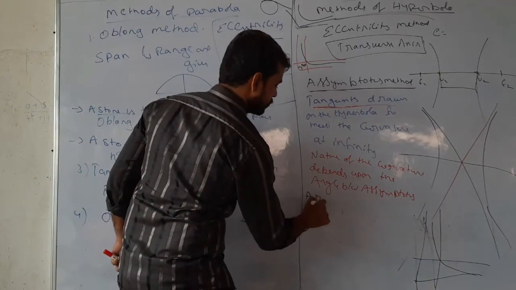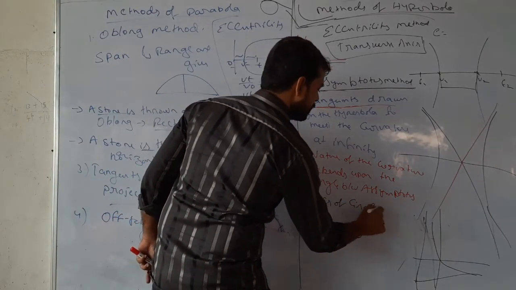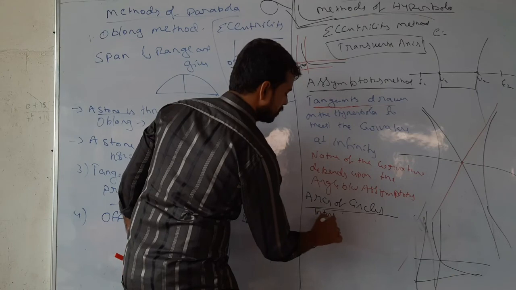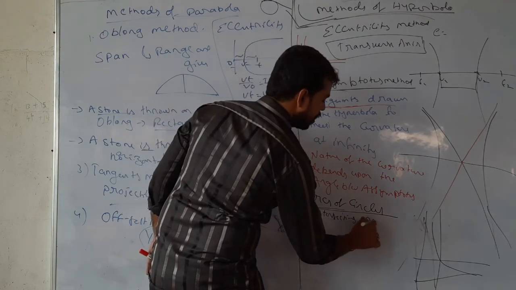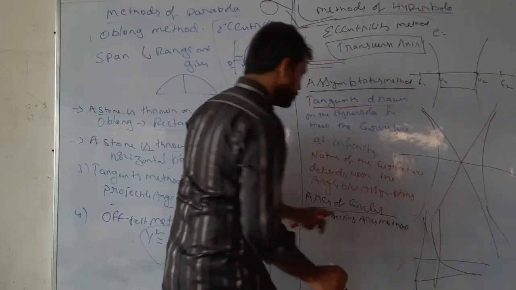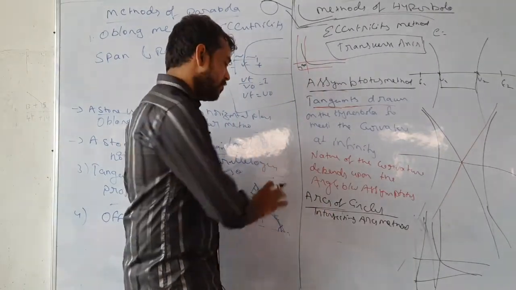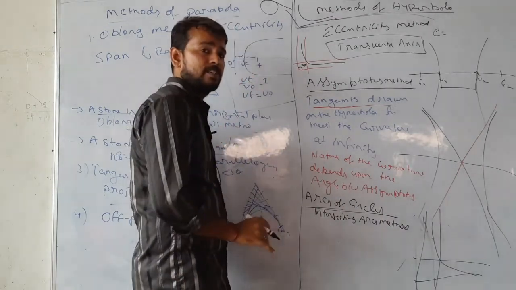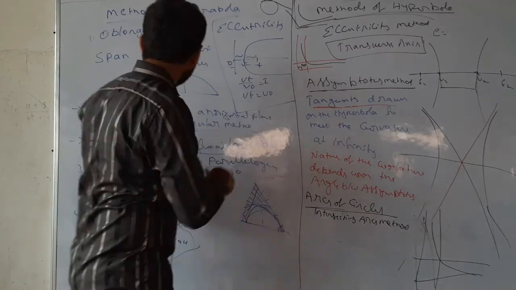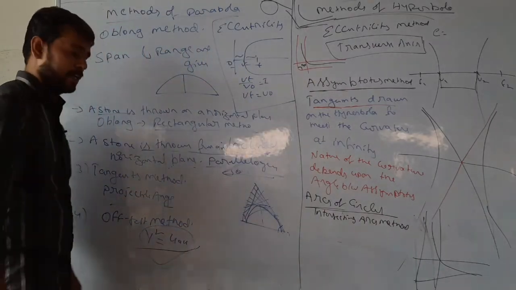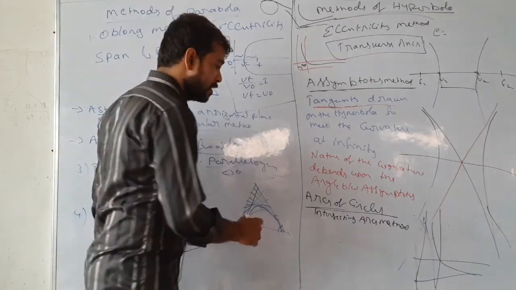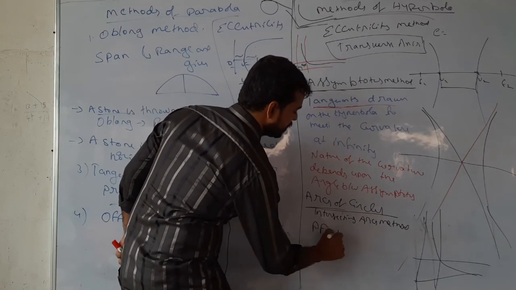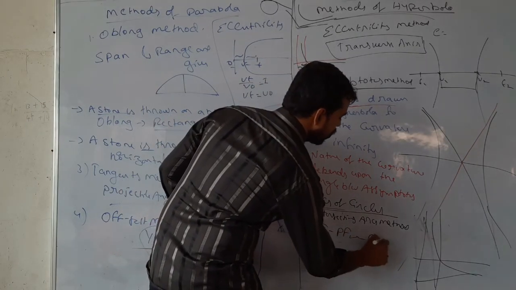Next one is arcs of circles, also called the intersecting arcs method. Both are the same. When you have to draw a hyperbola by the arcs of circles method, the characteristic of the curvature is given: for the parabola y square is equal to 4ax, for the ellipse it is PF1 plus PF2 is equal to constant, and for the hyperbola it is PF1 minus PF2 is equal to constant.